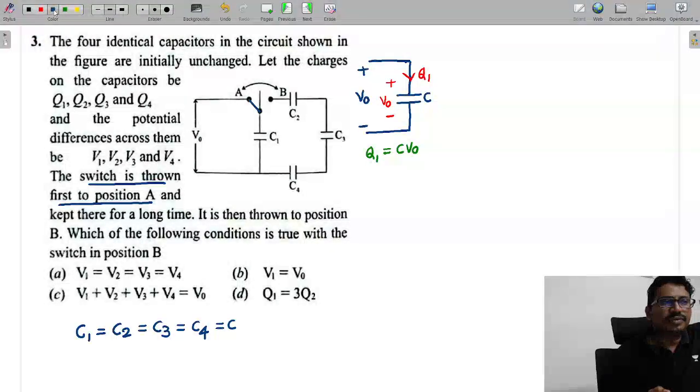Now what they did is replace this combination. Earlier the switch was in this position; now the switch is shifted to this position. Now redraw this part.